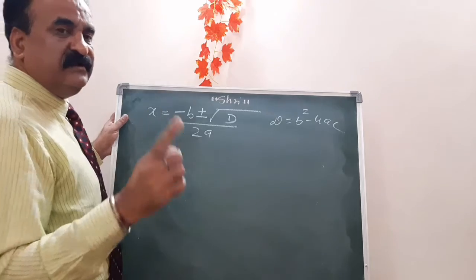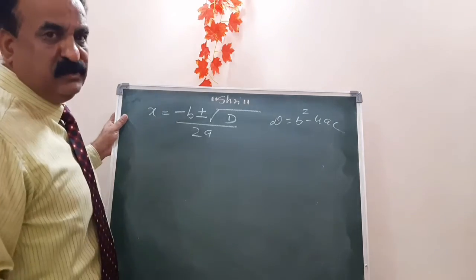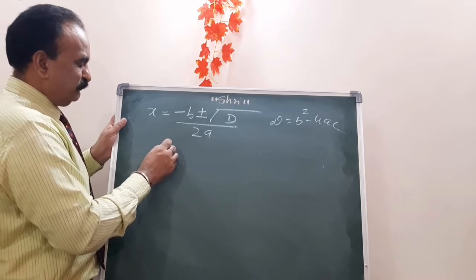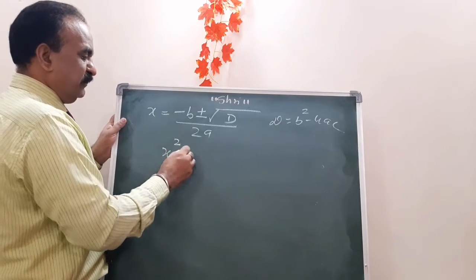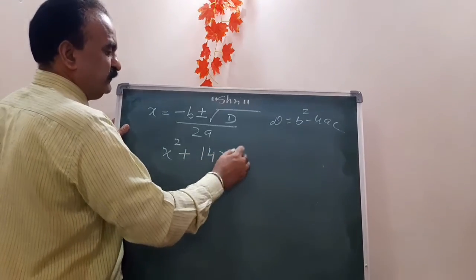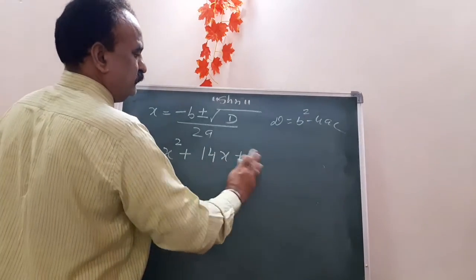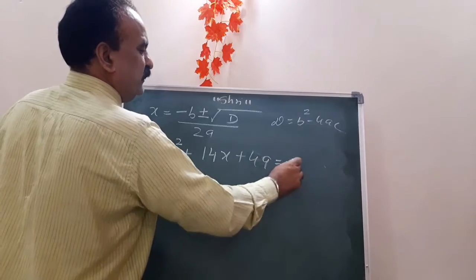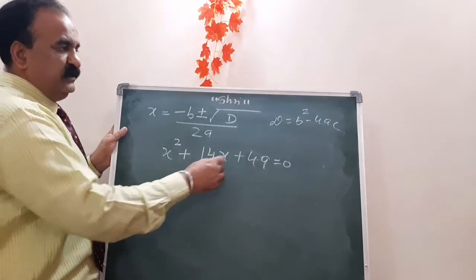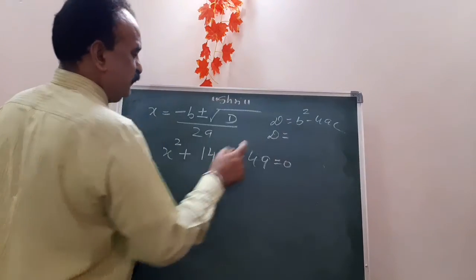Now I am going to consider the one case when d equal to 0. Let us see how. I am taking this question: x square plus 14x plus 49 equal to 0. Now first what you will do? First find d. D is equal to b square.